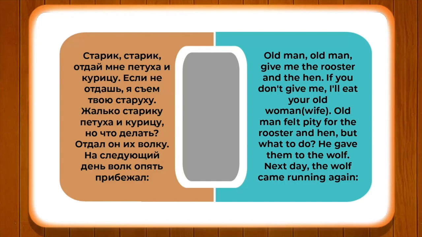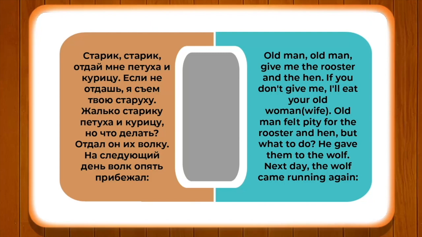If you don't give me, I will eat your old woman," that means wife. The old man felt pity for the rooster and hen. But what to do? He gave them to the wolf.